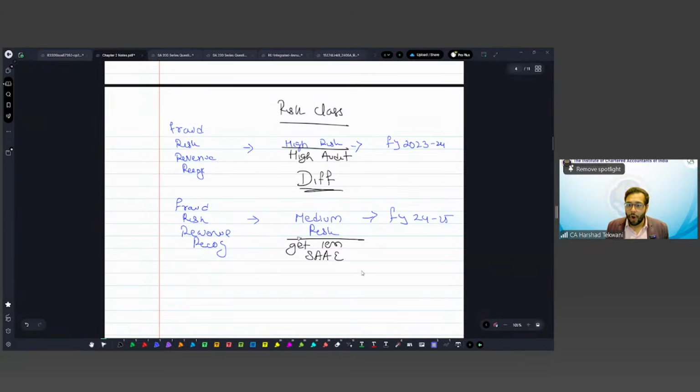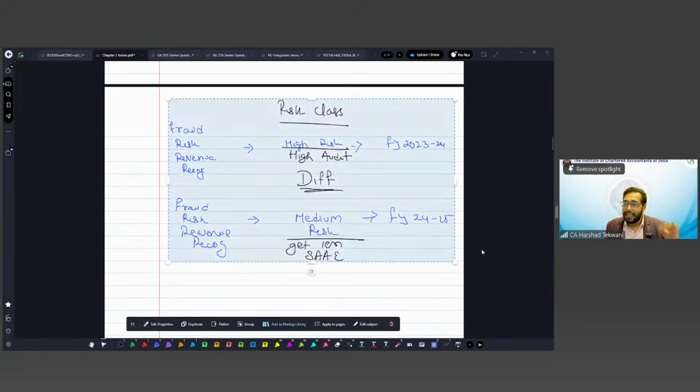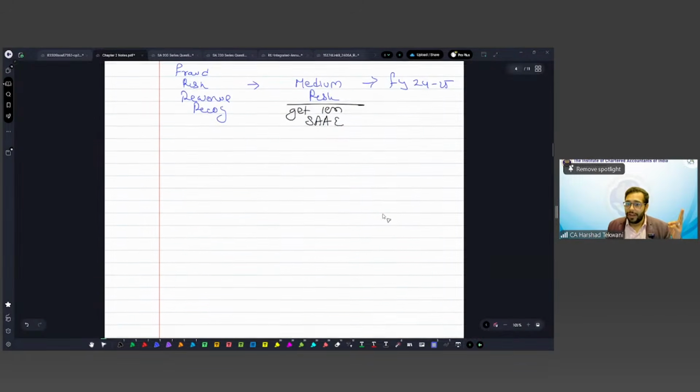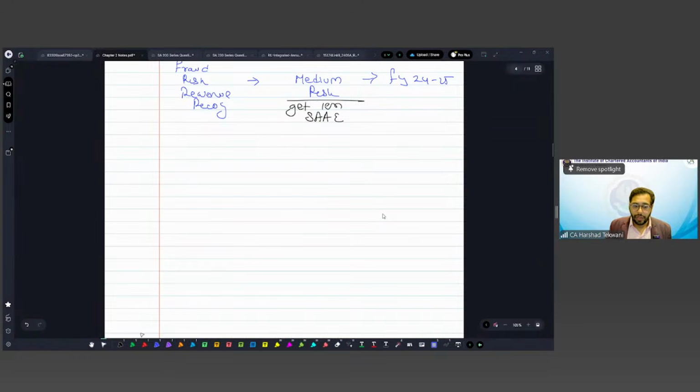So when I say fraud risk is a high risk, by default your procedures now will jump to high. Remember that you have to obtain high audit evidence, and there are two sources from where you get sufficient and appropriate audit evidence.